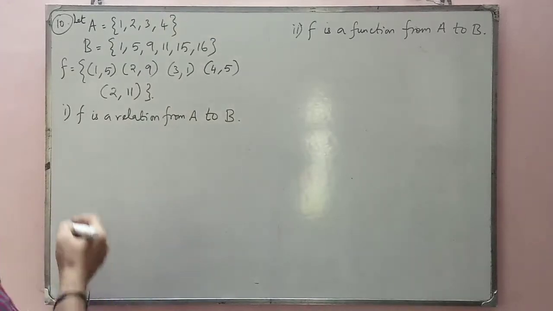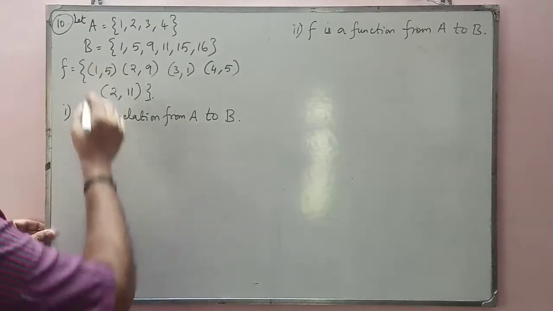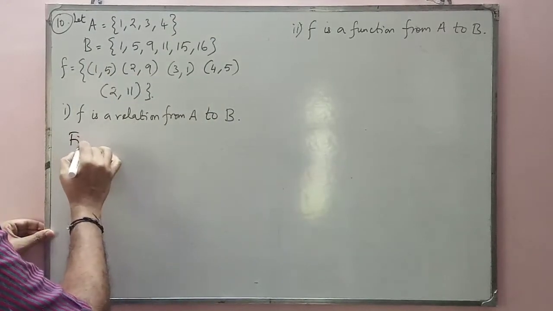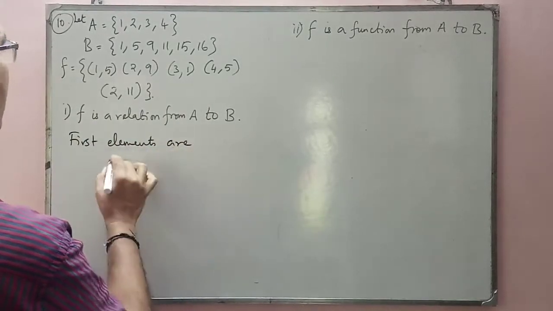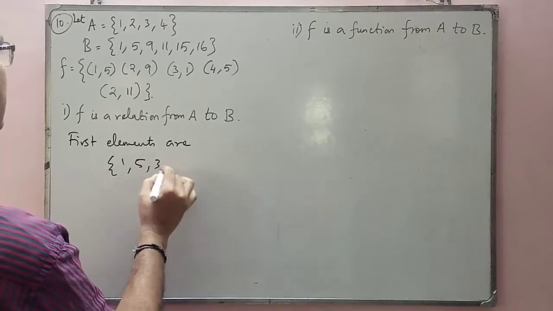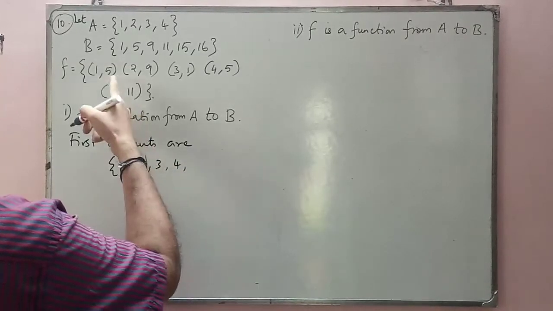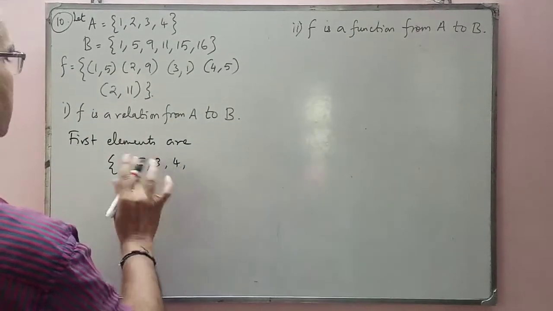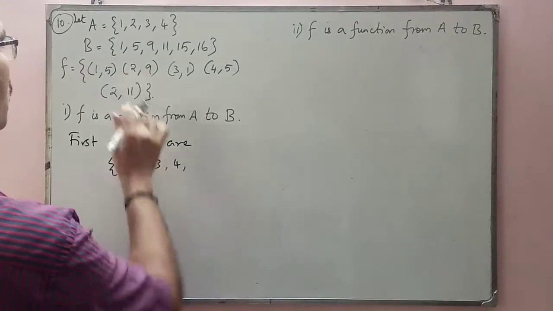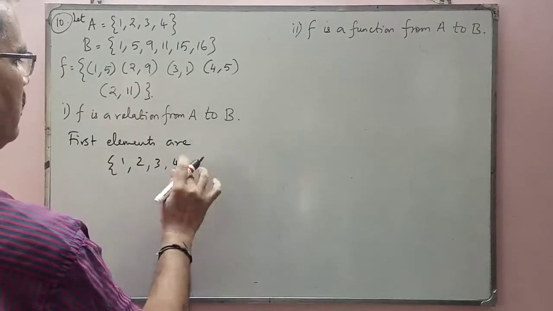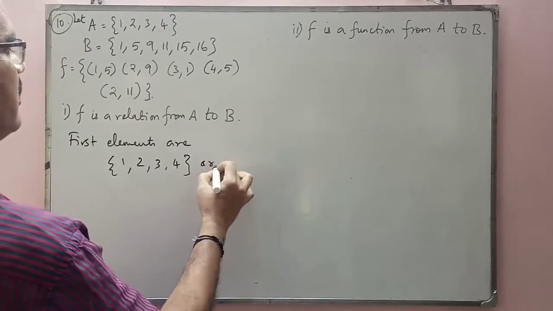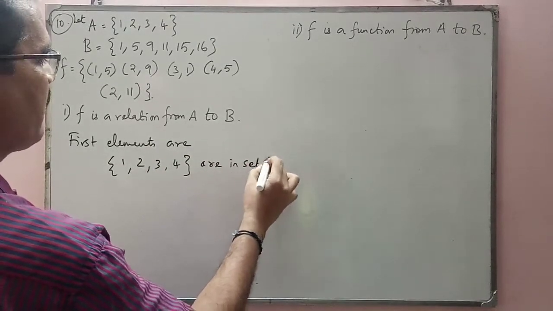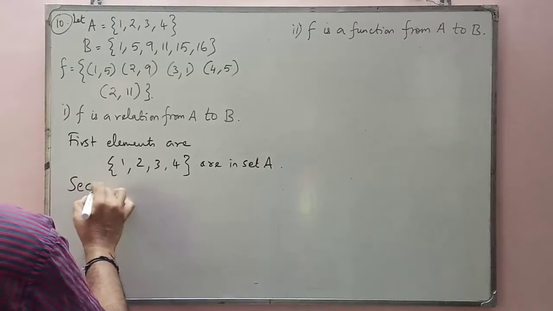Let us check. Now I'll take the first elements alone. The first elements are 1, 2, 3, 4, and again 2 is repeated. Okay, the first elements are in set A. What about the second elements?